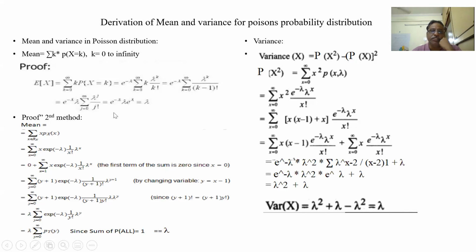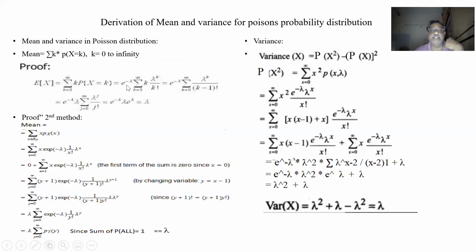Let us see how this has come. Let us see the derivation. x into px. So px we know in a Poisson: e to the power of minus lambda into lambda to the power of k by k factorial. So I have taken out e to the power of minus lambda, being fixed.